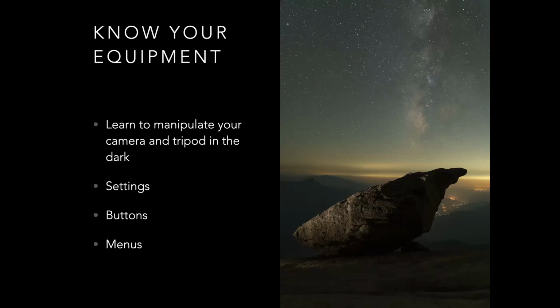So it's really worth spending some time with your gear in the comfort of your own home in a nice bright living room to just go through it and make note of where the frequently accessed settings and buttons are, and how to navigate through the menus to find what you're looking for. It's a lot easier to do this in the dark if you already have some sense of it before you get out to shoot.